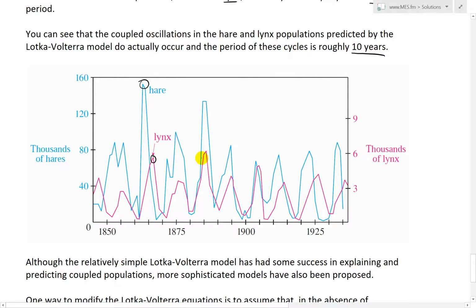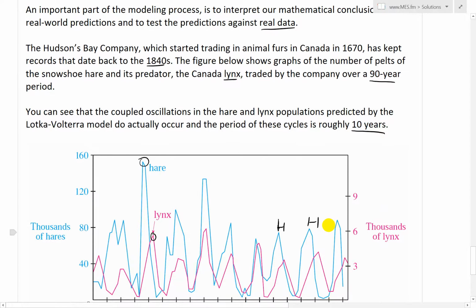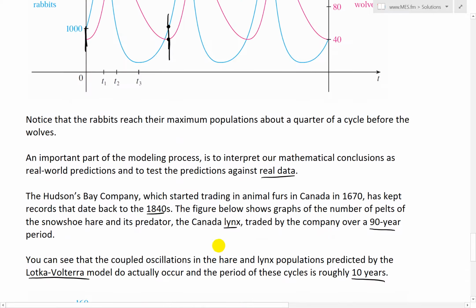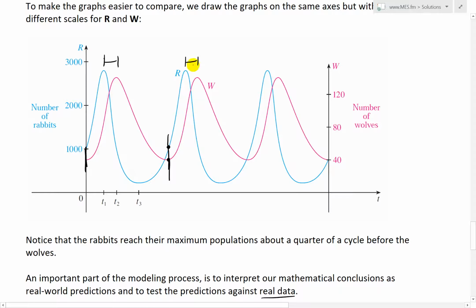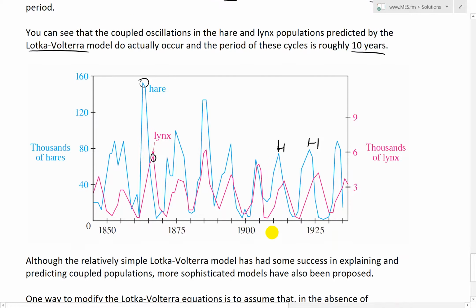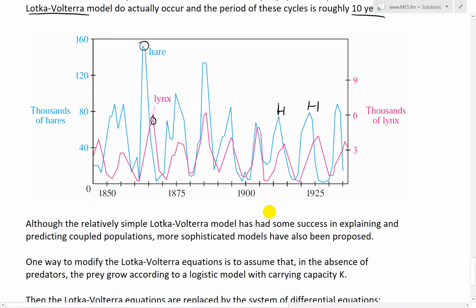This one is a bit corresponding to each other, so it's high hare and high lynx, but overall you have a separation like this. This is pretty interesting stuff. Generally, it does follow the Lotka-Volterra model that we went over here, where there's always a phase shift like that, and it goes up and down very similarly to this real-world data.